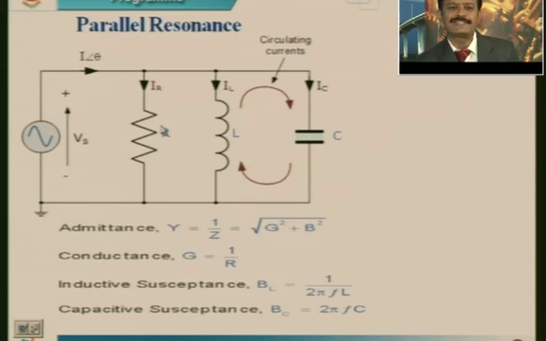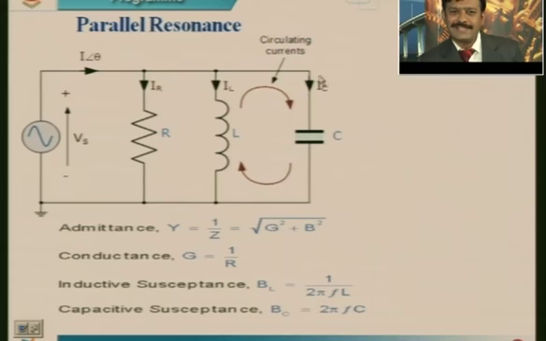The current flowing through the resistance is IR, through the inductor is IL and through the capacitor is IC. Individual currents can be calculated as IR equal to supply voltage divided by R, IL equal to supply voltage divided by XL, the inductive reactance. Similarly, IC is equal to supply voltage divided by XC, the capacitive reactance.